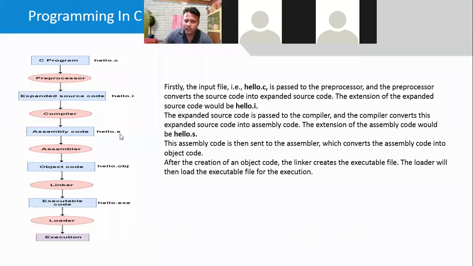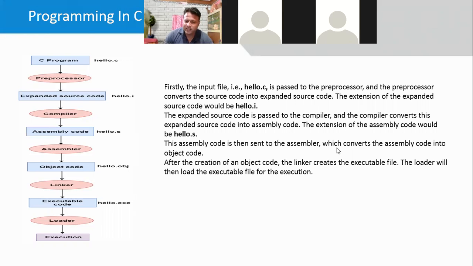When it is converted to the assembly code, it is stored in hello.s. First our file is stored in hello.c. Then our file is converted using preprocessor directives to hello.i. Then the assembly code is stored in hello.s.